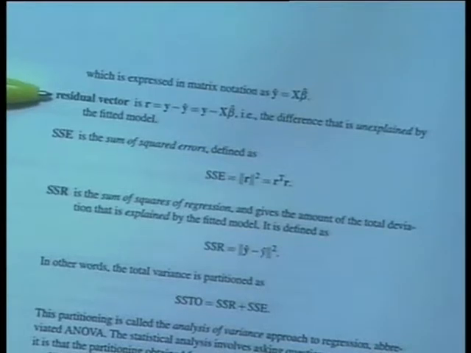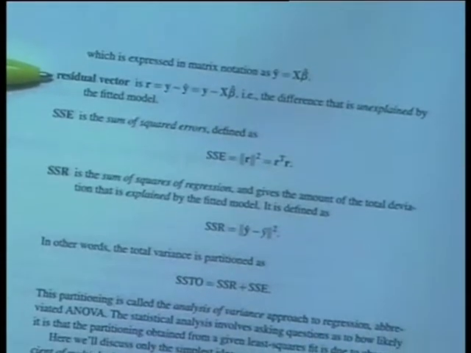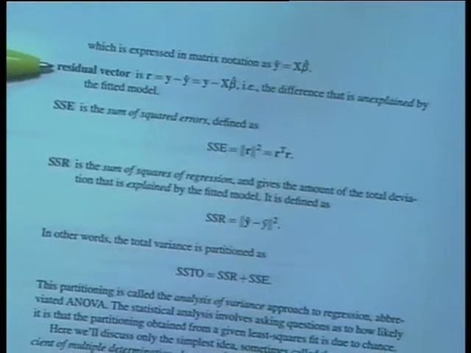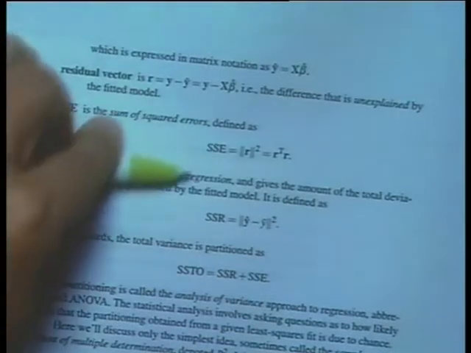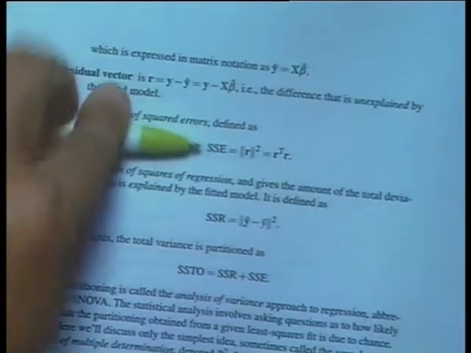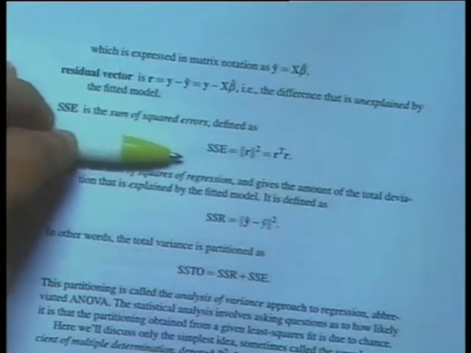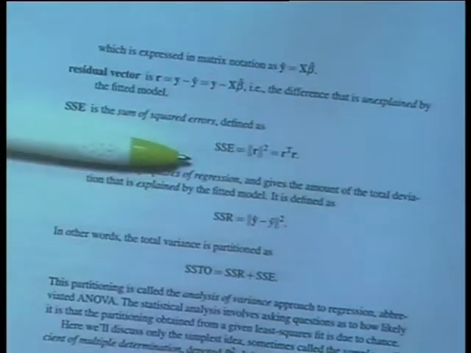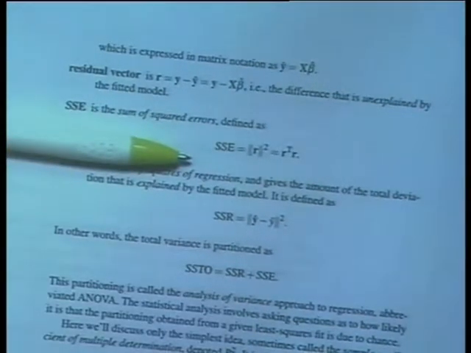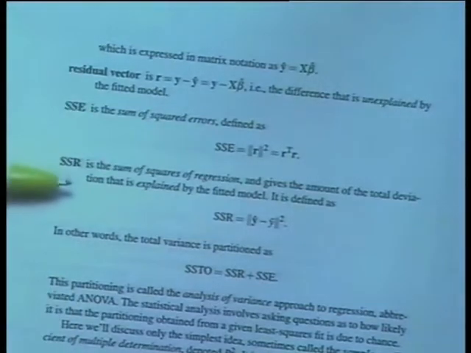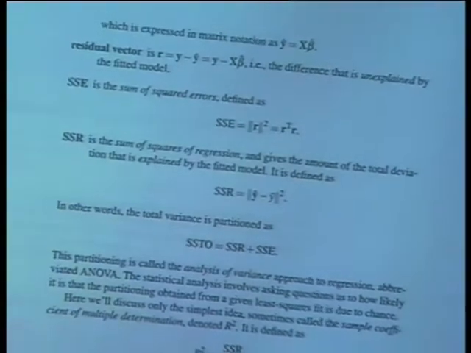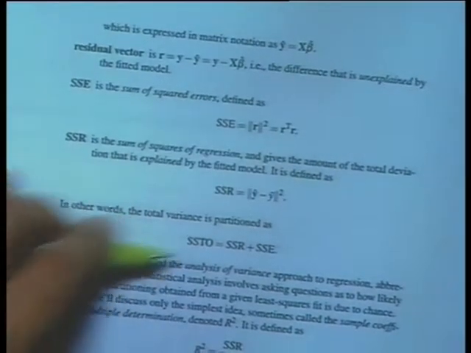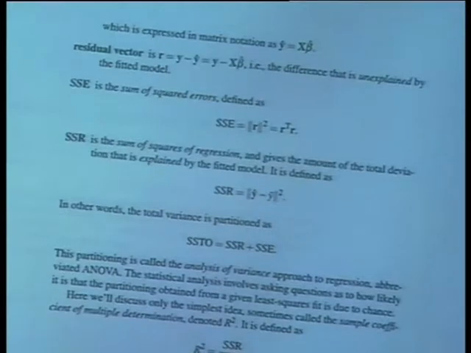Y hat is the fitted data, and that will again be a vector of length n. And for example, you can look at the SSE, the sum of squared errors, or basically the norm of the vector epsilon. I don't want to talk about this right now.